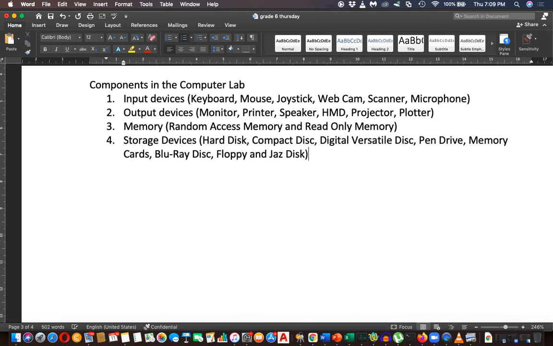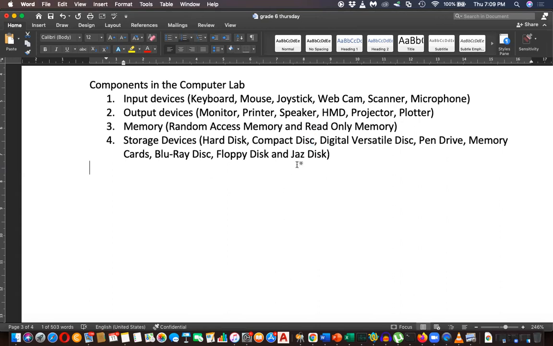You may note that some use disk with a K: hard disk, jazz disk, floppy disk. But CD and DVD use disc with a C. You can search the internet, this difference is there.